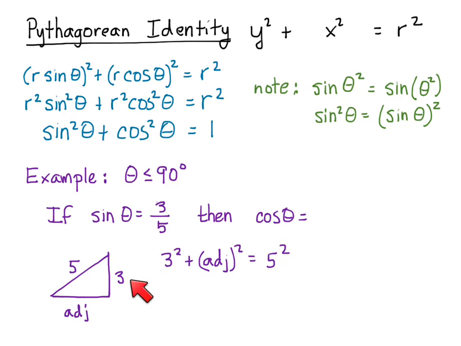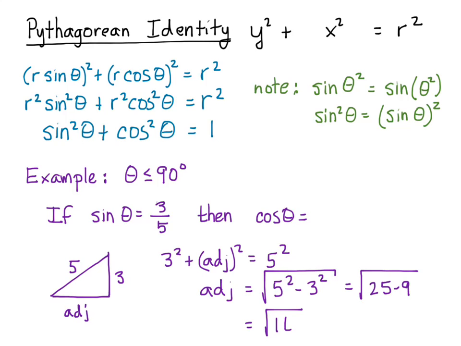So I'm going to draw a right triangle with a height of 3 and a hypotenuse of 5. I can use my Pythagorean theorem and come up with the adjacent equals 4, and so the cosine equals 4/5.